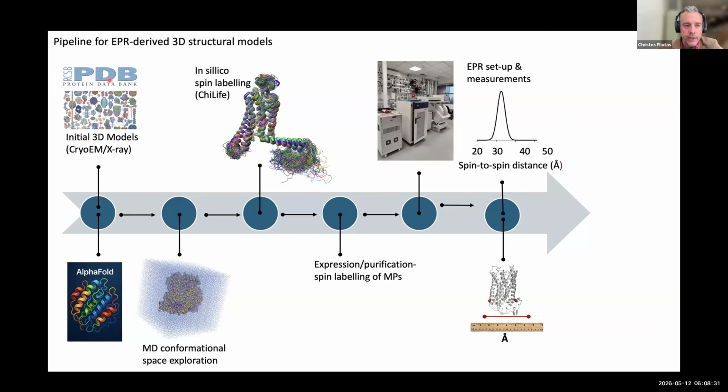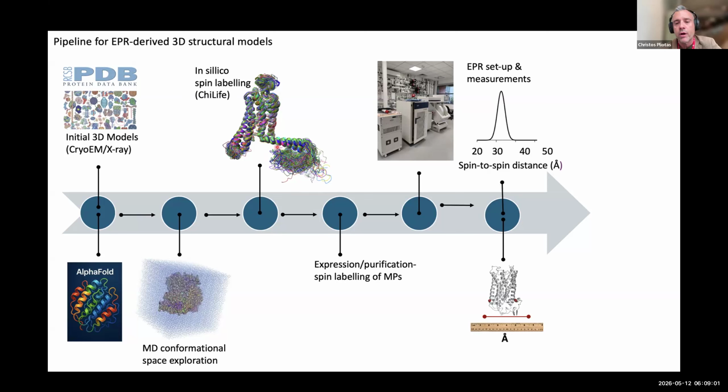We start by selecting the initial model from the AlphaFold or cryo-EM structure or X-ray structures. Then we explore the conformational space by molecular dynamic simulations. Then we create this kind of spaghetti containing multiple frames of the protein moving in space. Then we obviously do our basic wet lab work. We perform the distance measurements, and then we use these distance restraints to go back and inform our molecular dynamic simulations.